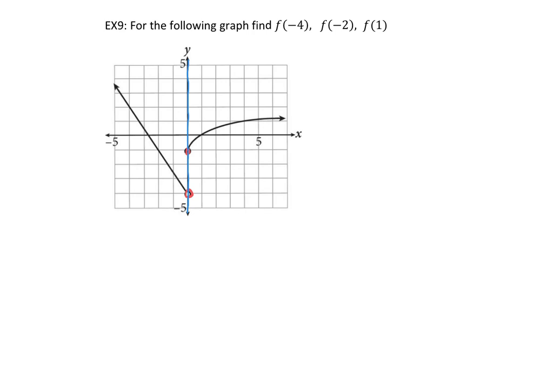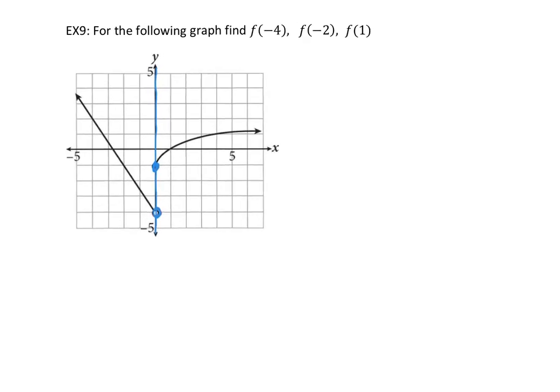No, it only passes through 1 point because the other point is an open circle. It's not included. So actually, yes, this does pass the vertical line test. It is a function. It's a special function called a piecewise function, which we'll look at later on in this course. However, that's not part of this problem.